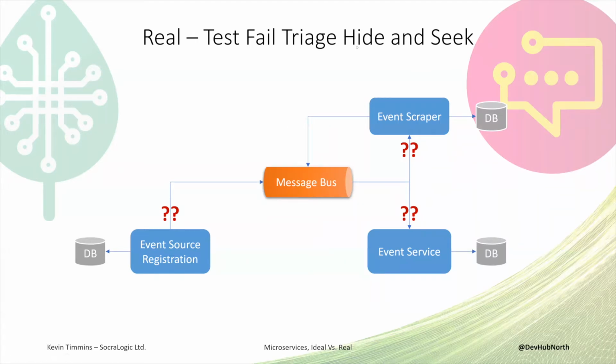So really, you need to be very careful of that kind of test, fail, triage, hide and seek thing, because if you're not careful, if you split up your logic across different services, that's what will happen, and you'll be sat there at your computer and you'll probably spend about 3 or 4 hours trying to find out where this thing failed before you can even figure out how to fix it.